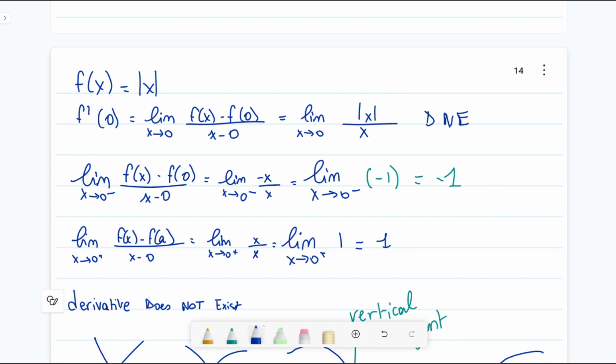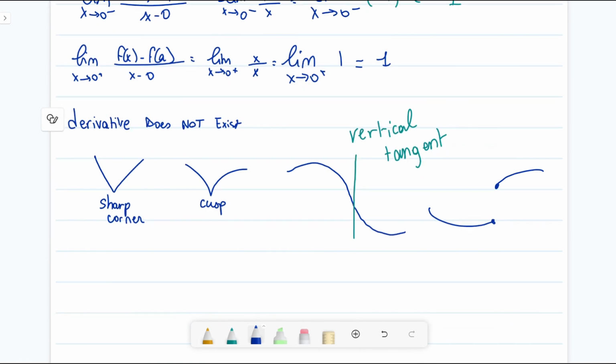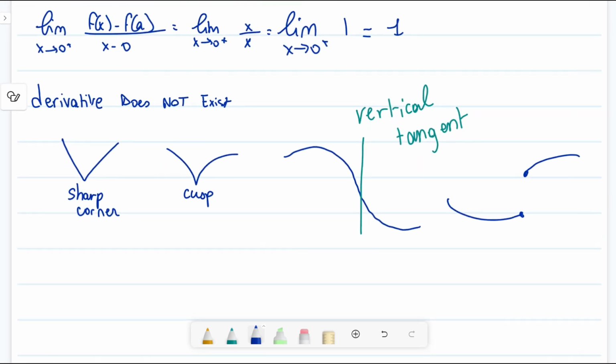In other words, we were not able to find the derivative. So the derivative does not exist. Let's look at a few cases when the derivative does not exist. So, the derivative does not exist when we have a sharp corner like the absolute value. The derivative does not exist when we have a curvy corner.